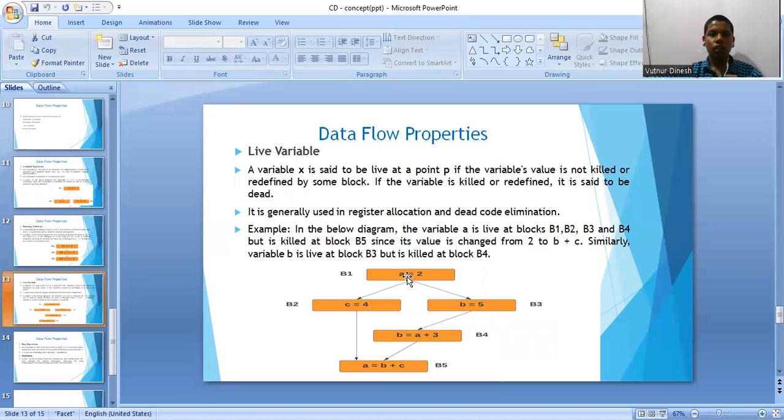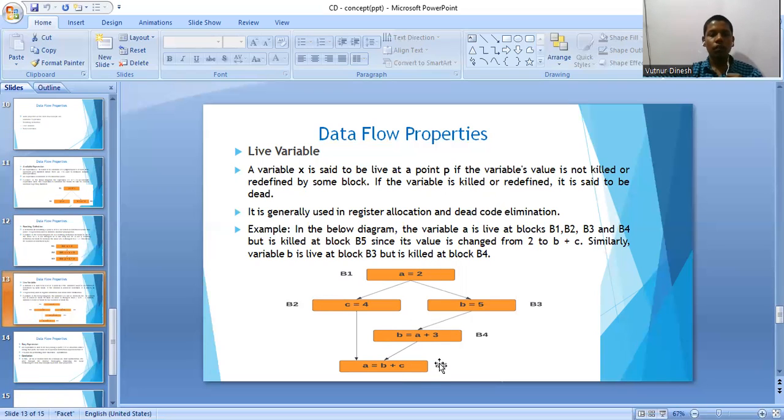As you can see, at block B1, the value A is defined, in block B2 the value for C is defined, and in block 3 the constant B is defined. At block B4, the B value changes from A to A plus 3, and in B5, the A value changes from 2 to b plus c.